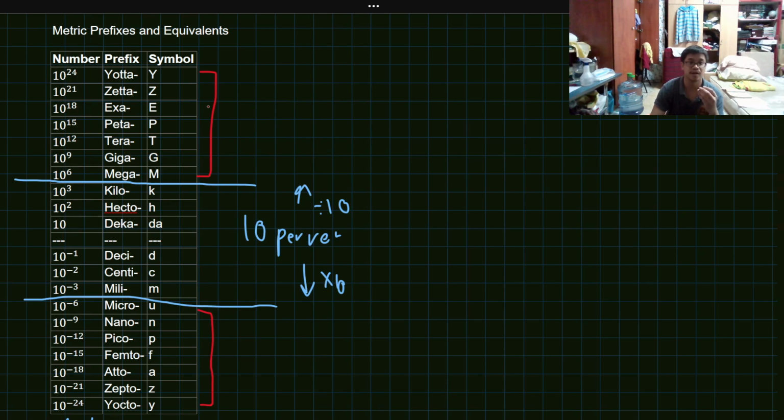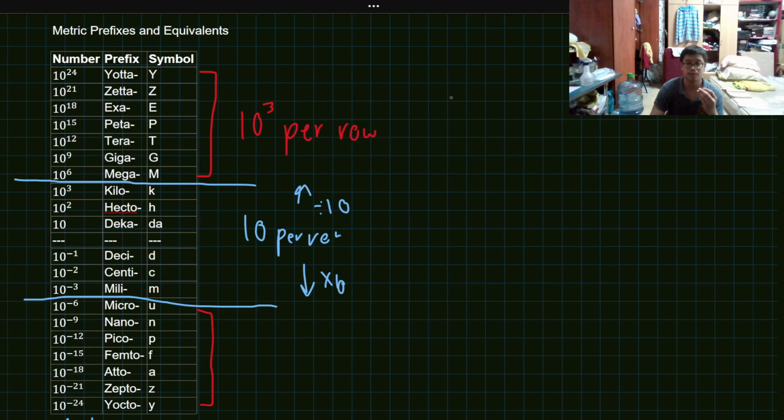Let me write that: 10 cubed per row. When you go up, it's divided by 10 cubed, or 1,000. When you go down, it's times 10 cubed, or times 1,000.